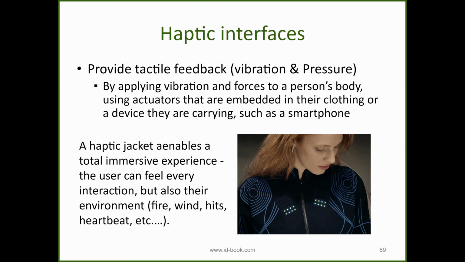Actuators are different from sensors in the sense that sensors measure changes in a certain variable, whereas haptics are able to apply force on the human body. So a haptic jacket can, for example, enable a user to experience every interaction with their environment.